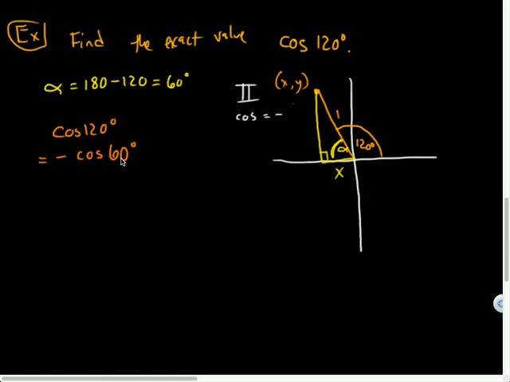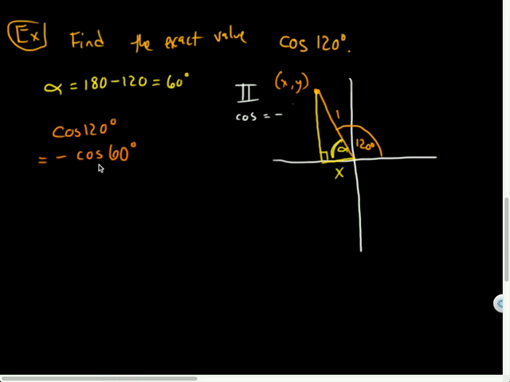Now I have to specify that that's negative because cosine of regular 60 degrees would have been up here, and that would have been a positive x value over here. So I can rewrite it in terms of the reference angle, and I consider the sign based on which quadrant I land in.